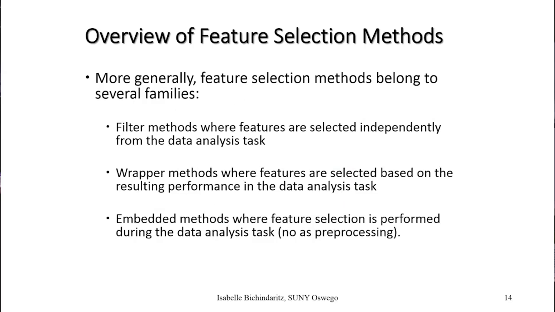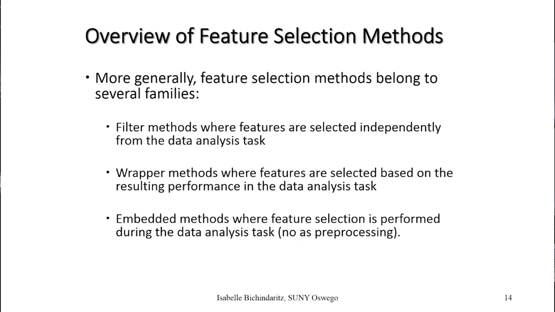More generally, feature selection methods belong to several families. Filter methods, where features are selected independently from the data analysis task. Wrapper methods, where features are selected based on their performance in the data analysis task. And the last one is embedded methods, where the feature selection is performed during the data analysis task.